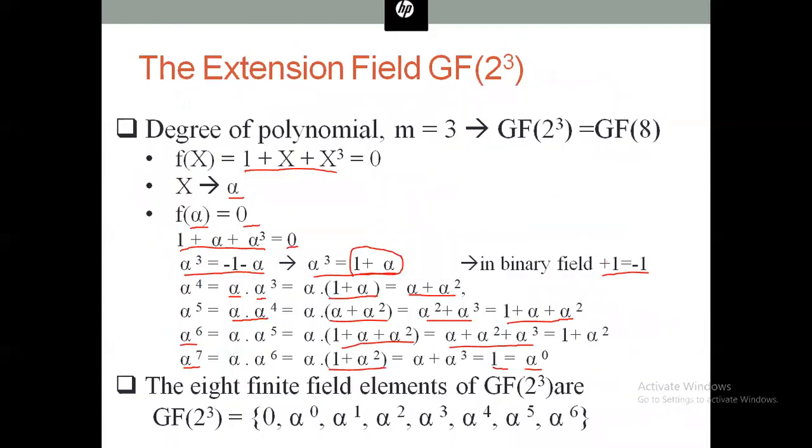So here in our field we have 0, alpha naught, alpha 1, alpha 2, alpha 3, up to alpha 6. So those are the 8 finite field members in this Galois field.